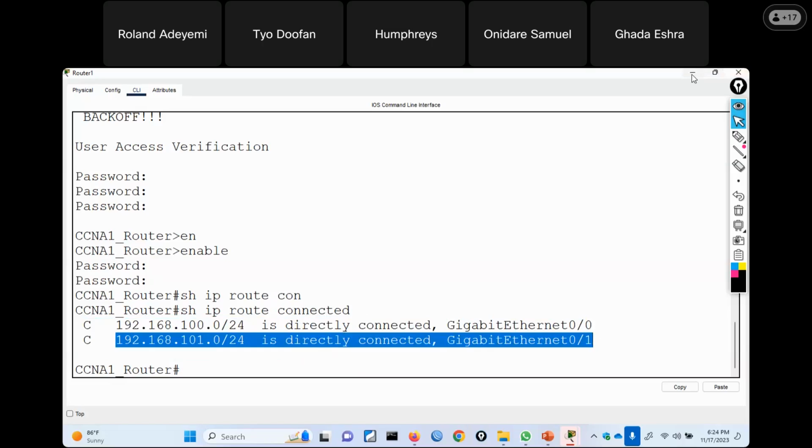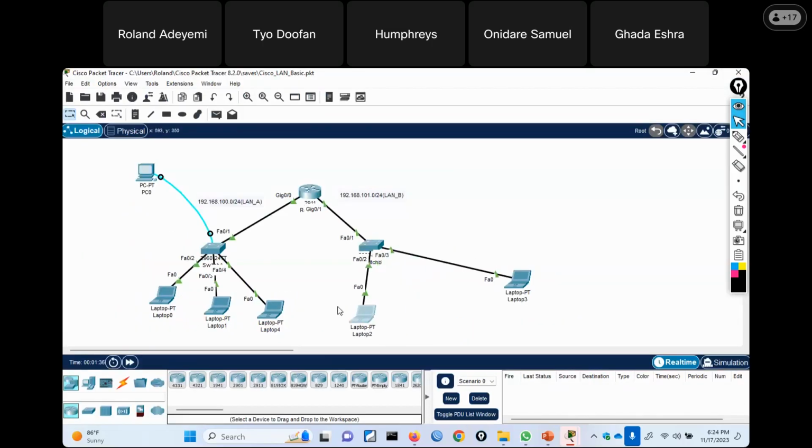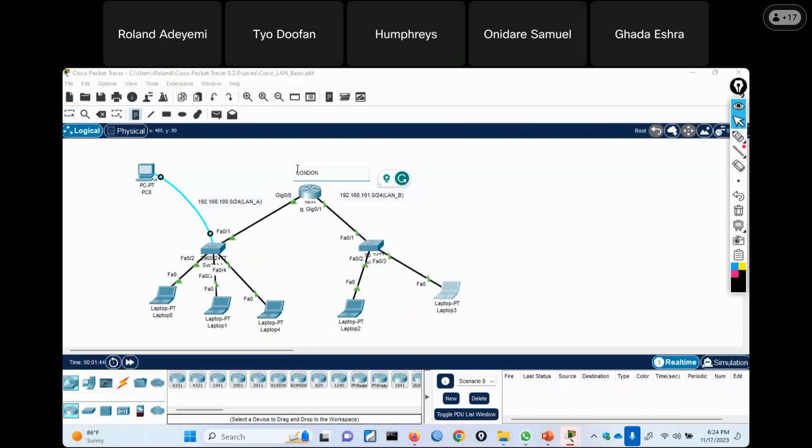But I want to bring in another router. Let's now assume that this, my router, is in London. Then I want to have another router, say it's in Germany.